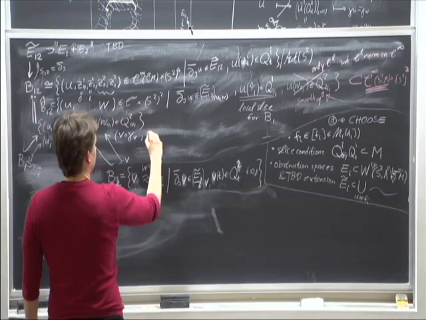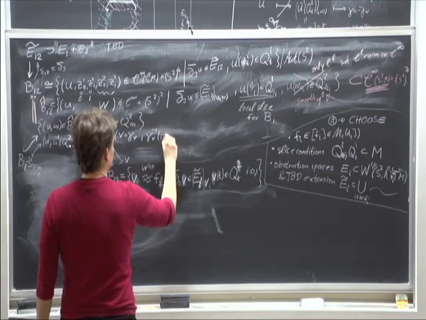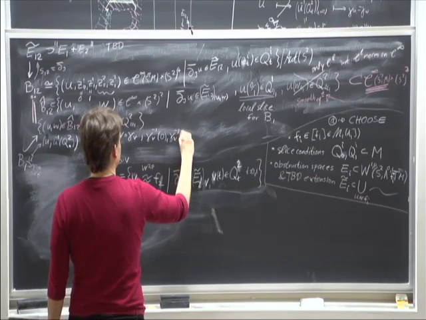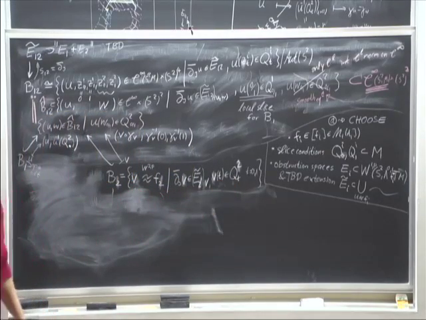And then my marked points are going to be gamma V inverse of 0 and gamma V inverse of 1, because that's where I had the local slice conditions for Q2.